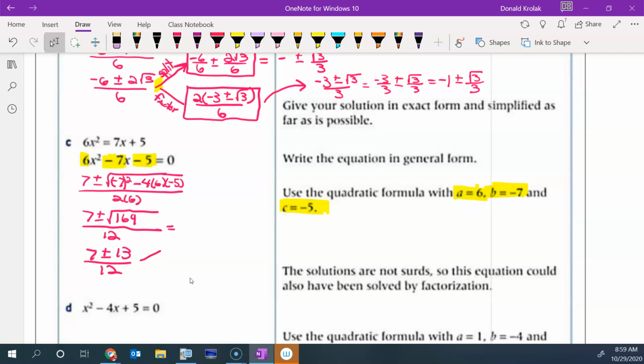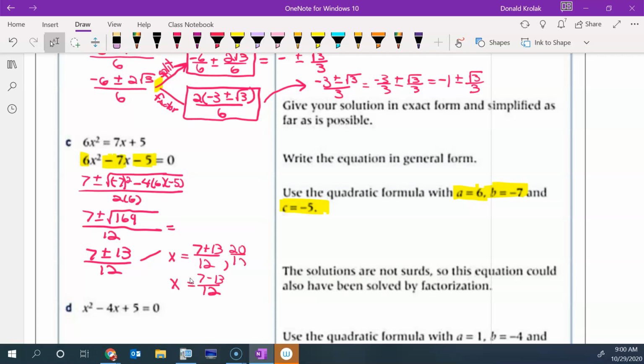So then you've got two solutions. You can just leave it like that. That's fine. X is going to equal, because you can't do any simplifying here. Well, I guess you could. You can go 7 plus 13 over 12 and 7 minus 13 over 12.